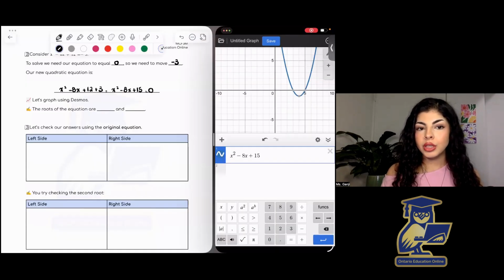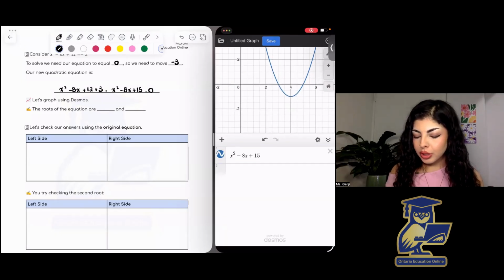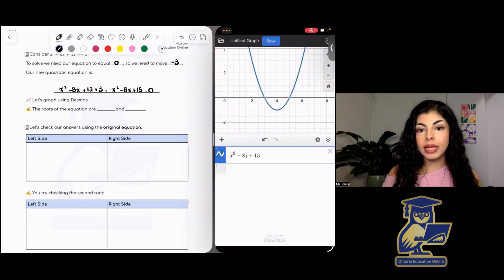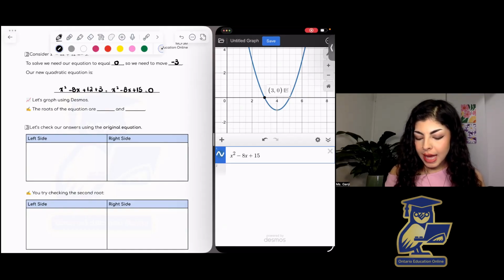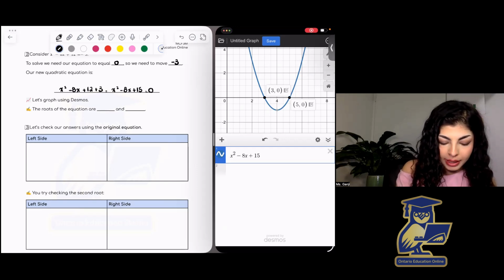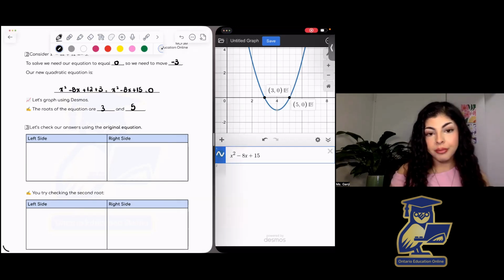So here, I've just, for now, written x squared minus 8x plus 15. So to get the roots of this equation, we want to essentially look at when this parabola is equal to 0. And I see that this happens at points 3 and 5. So my roots are 3 and 5.